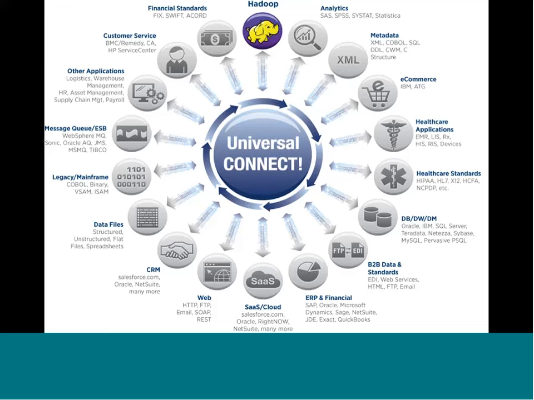So if you see, these are various sources or various types of data which come in from various sources which you probably have to handle, right? So you see ERP, SaaS, cloud, web, CRM, data files, legacy systems, then you have messaging queues, customer service, analytics that you have to do, metadata, e-commerce, healthcare applications. Apart from healthcare, you have various other domains.